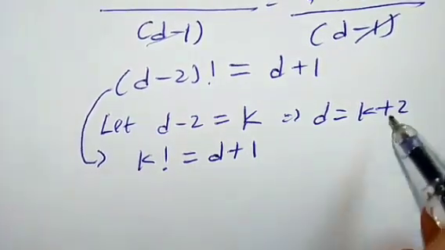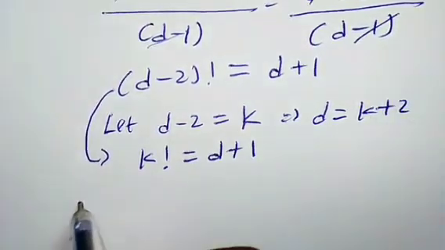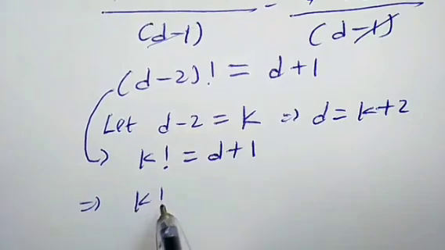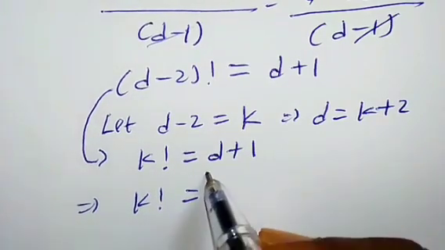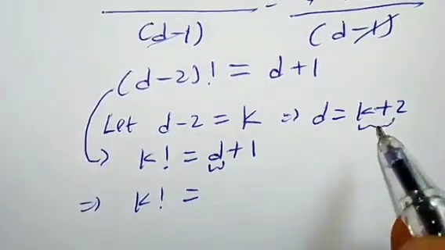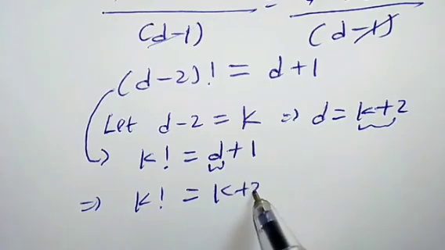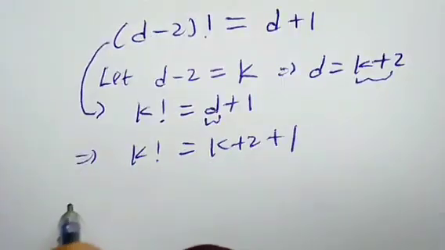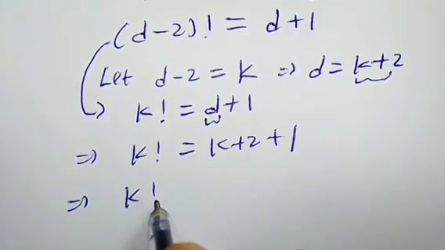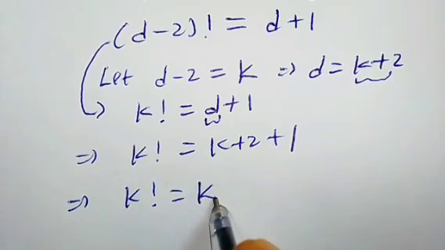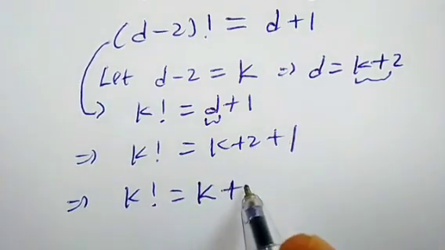Take note of this. So, this implies that k factorial is equal to, what is d? d is k plus 2. So we have k plus 2 plus 1. This implies that k factorial is equal to k plus 3.